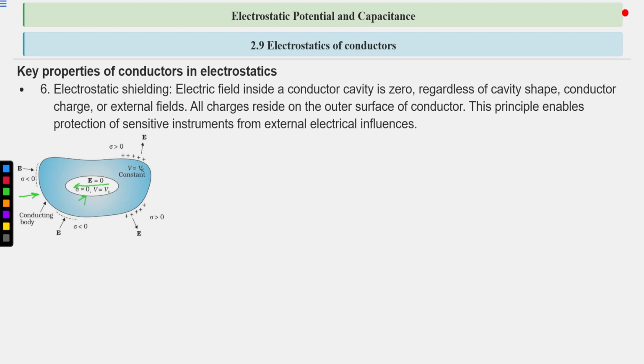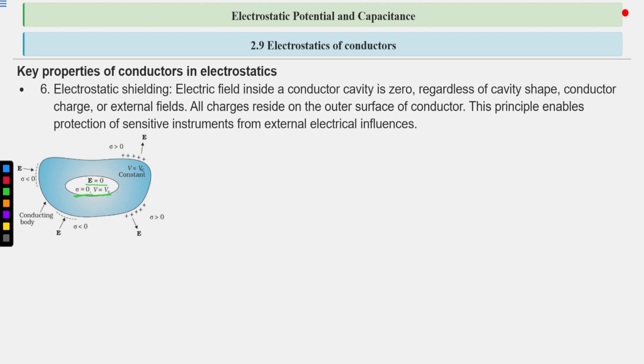And there is also not any single charge in this cavity. Charges are on the surface. So surface charge density is also zero inside the cavity. Electric field is also zero inside the cavity. But potential is equal to V naught. V naught is any constant value.